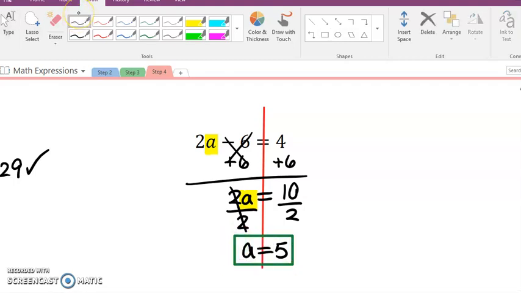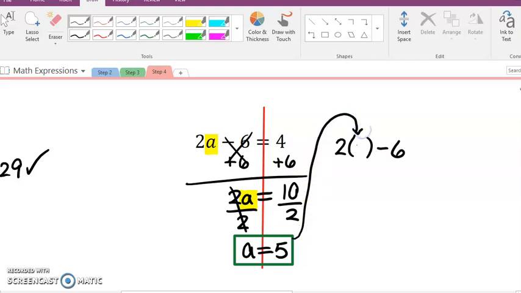And again, checking my solution, 2 times A take away 6. A is 5. 2 times 5 is 10. Take away 6 is 4. So my answer checks out.